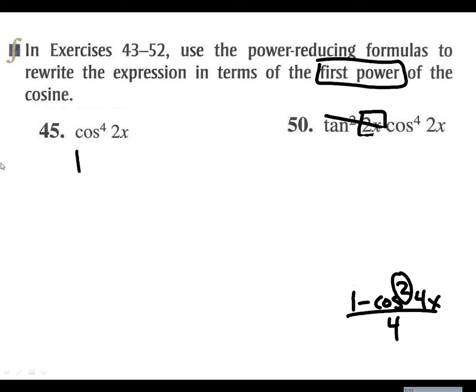All right, so we've got 1 minus cos squared of 4x over 4, which is 1 minus, we have a formula for cosine squared.